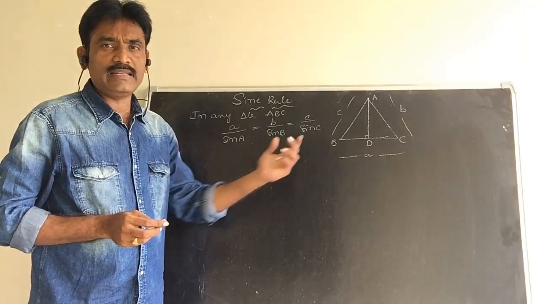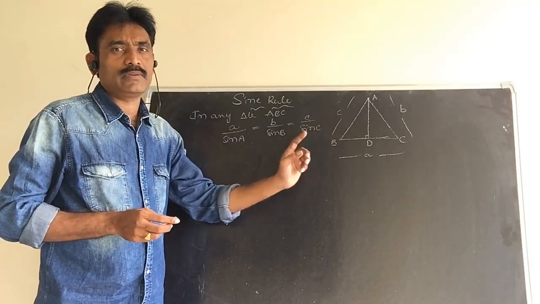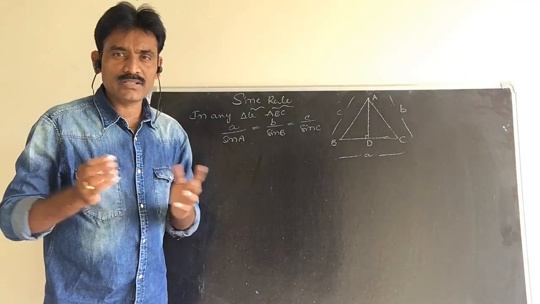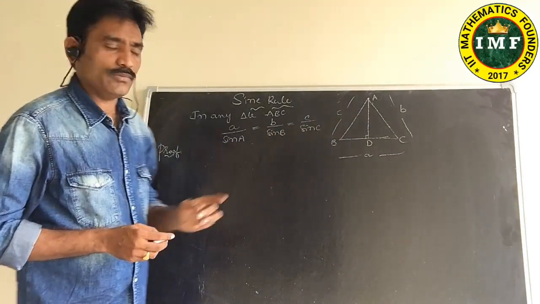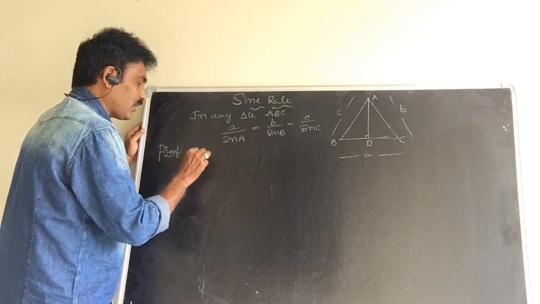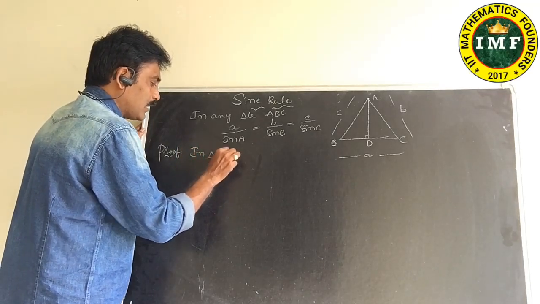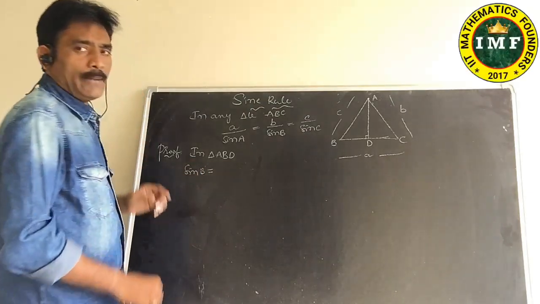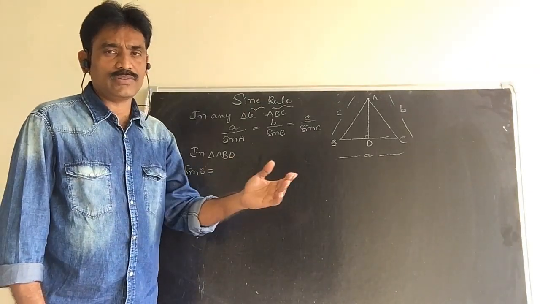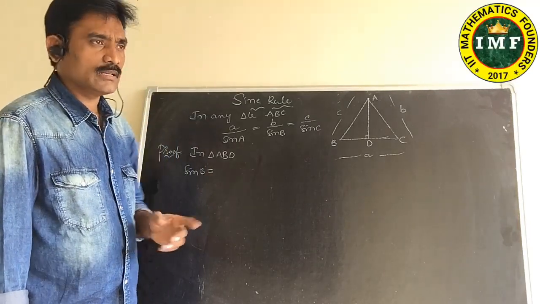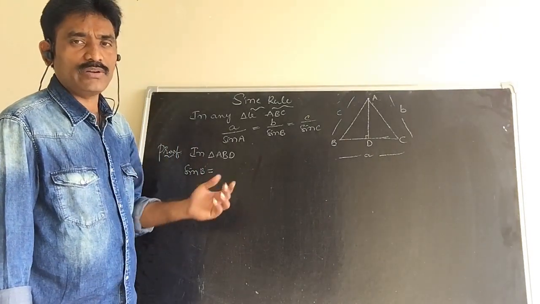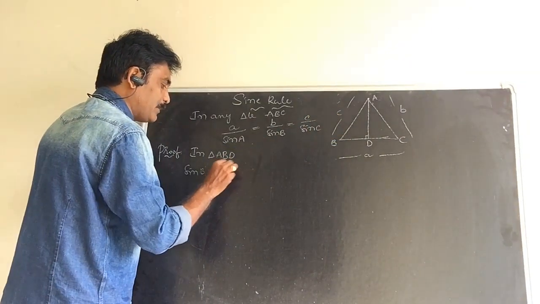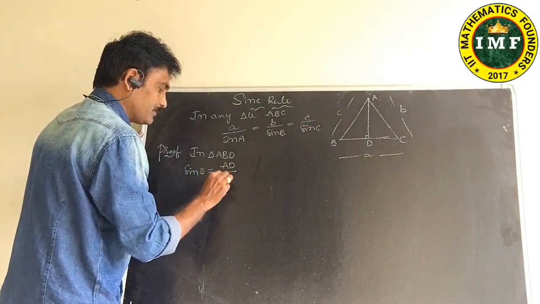As we know, in a triangle, if you draw a perpendicular, it divides the triangle into two right angle triangles, right? So in the first triangle ABD, I am applying sine of angle B. Sine of angle B is defined as the opposite side of angle B, that is AD, by the hypotenuse AB.